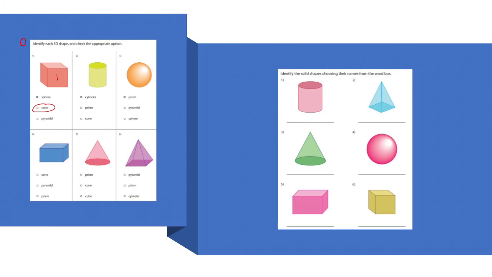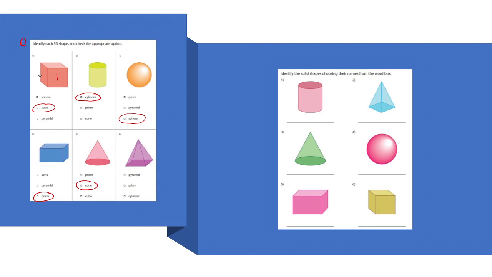For number 2, it's a cylinder. Number 3, you have a sphere. Number 4, is it a cone, pyramid, or prism? It's a prism. That is a rectangular prism. All right. Number 5, you have prism, cone, and cube.